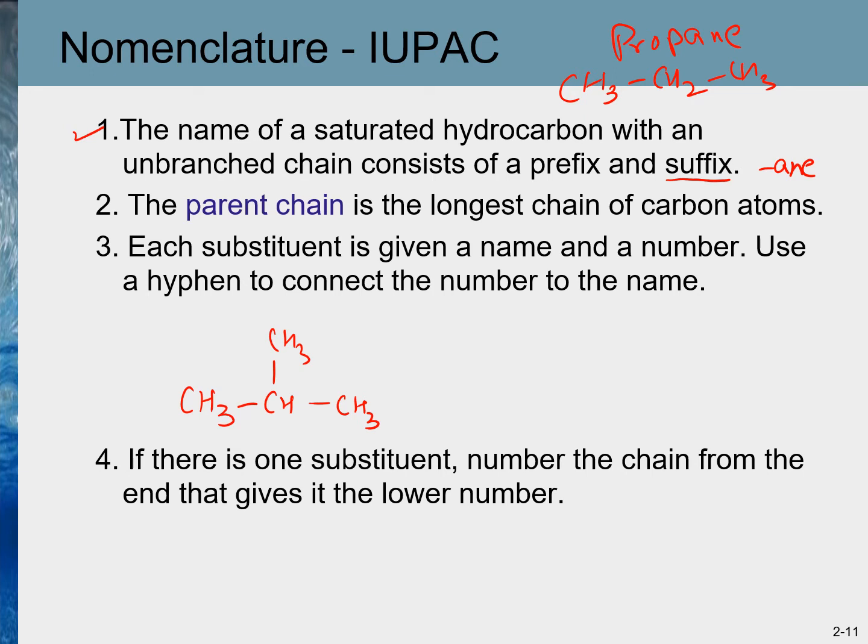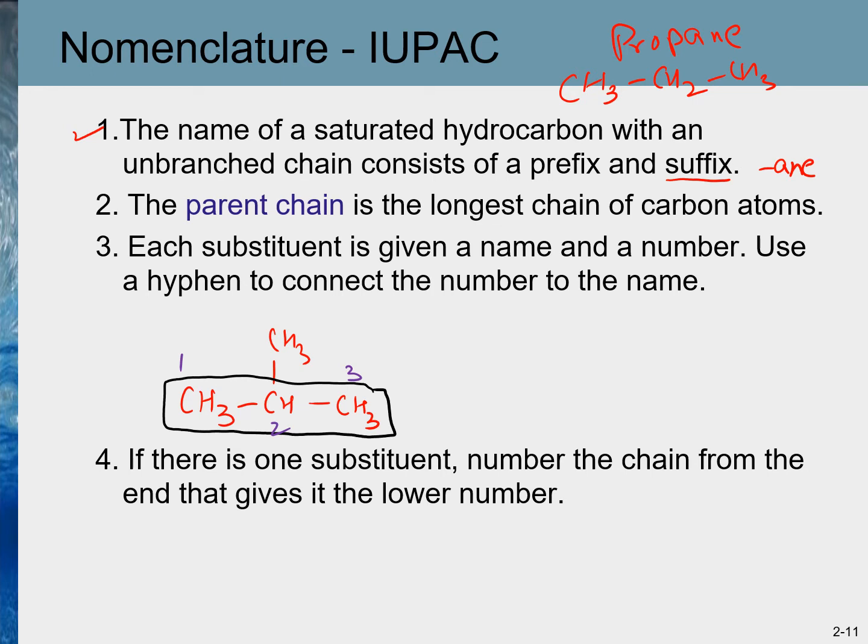It may or may not be the horizontal chain, but identify the longest chain. For example, I can see in this example the longest chain is this one. So this will be my parent chain. And then we give a number to each carbon atom. Let me number it: 1, 2, and 3.